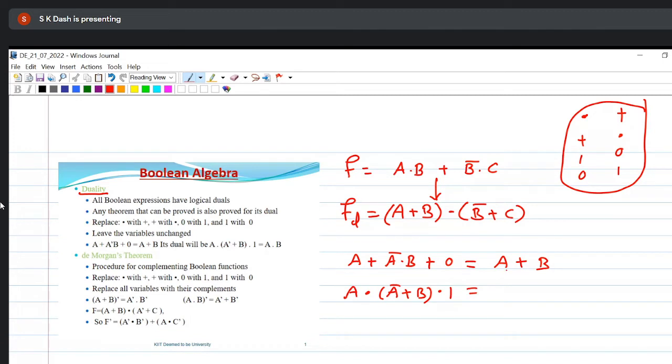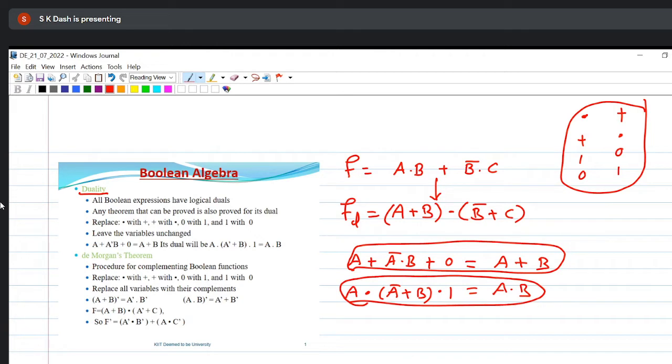This will be equal to, this plus will be replaced with dot, so a dot b. So if this function is correct, then this is also correct. If something is proved, its dual is also proved.